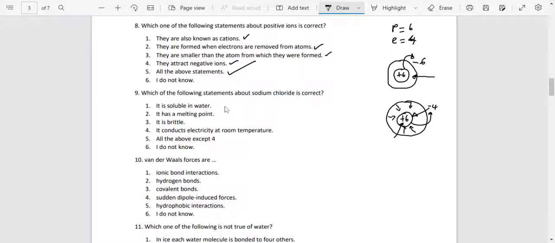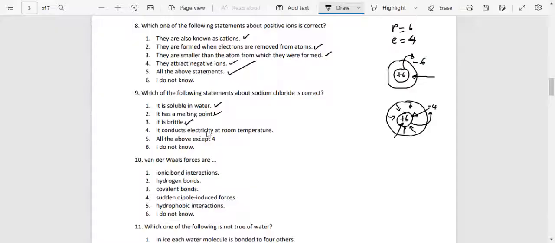Question 9. Which of the following statements about sodium chloride is correct? It is soluble in water. We know that is true because sodium chloride dissolves in water. It has a melting point. Obviously, because this is a solid, there is a point at which it is able to melt when you expose it to heat. It is brittle. Yes, it is brittle. Brittle means it's able to break. Sodium chloride is table salt, and table salt is able to break like glass.